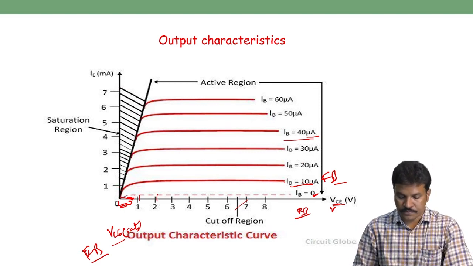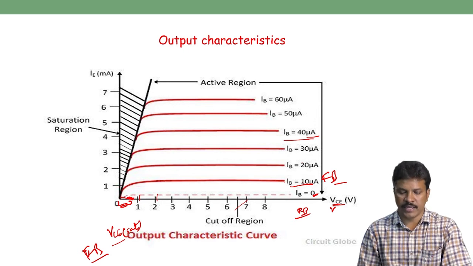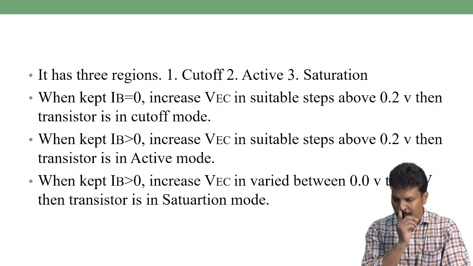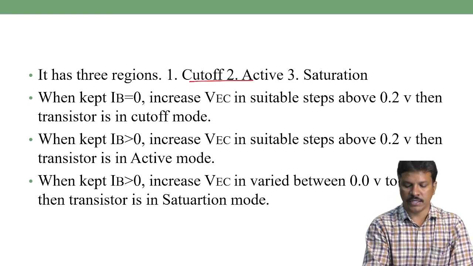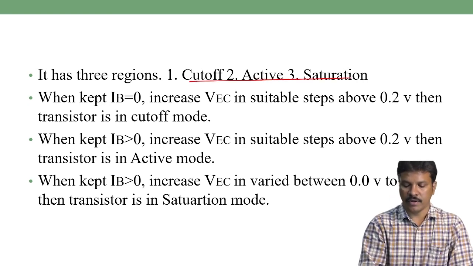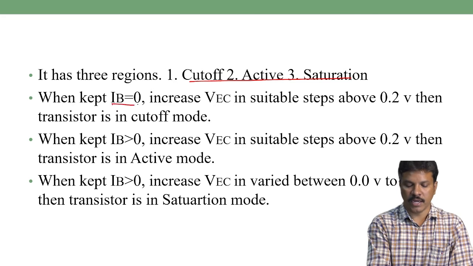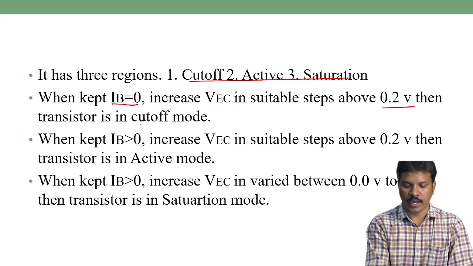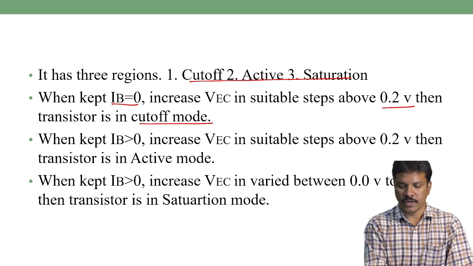Now we will calculate the collector current. Here we can represent these three regions: cutoff, active and saturation. For IB equal to 0 and VEC above 0.2, we take the cutoff region, reverse bias.